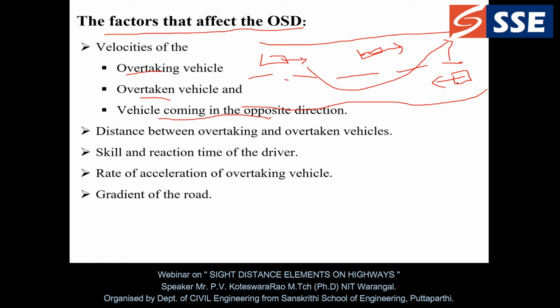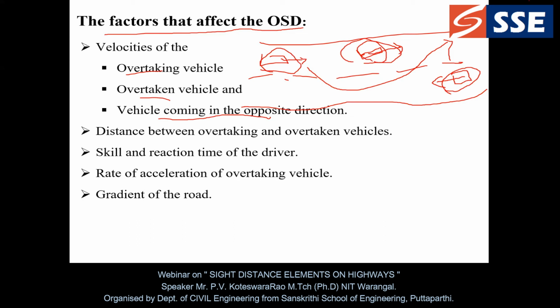While overtaking this one, I need to take care of this vehicle also. What velocity does this vehicle have, and with what velocity do I need to cross? Everything has to be taken care of. That means the velocity of the overtaking vehicle, the velocity of the overtaken vehicle, and the velocity of the vehicle coming in the opposite direction. All these three velocities are required, and based on these three factors we need to decide.